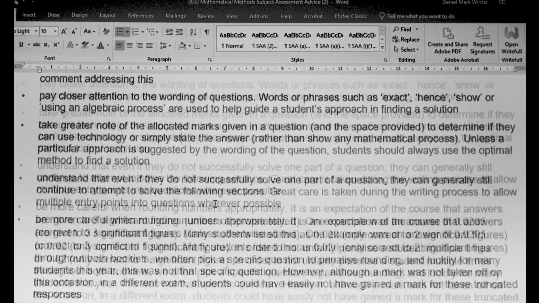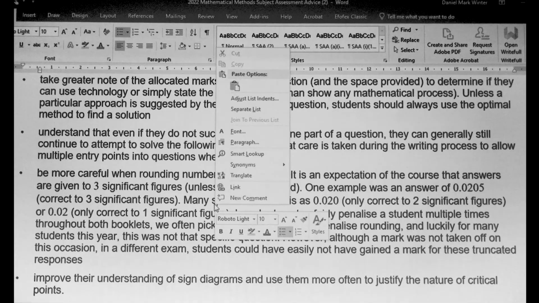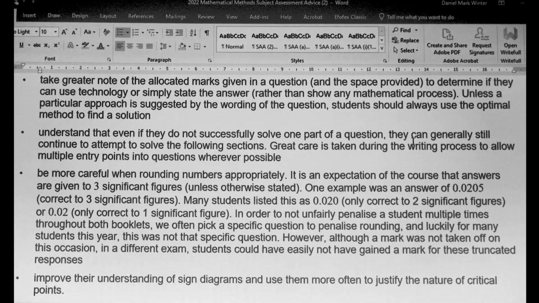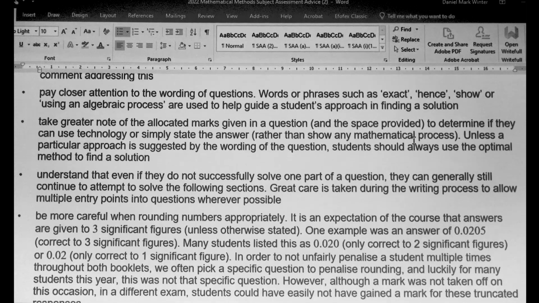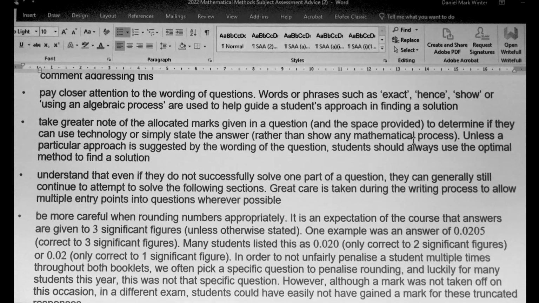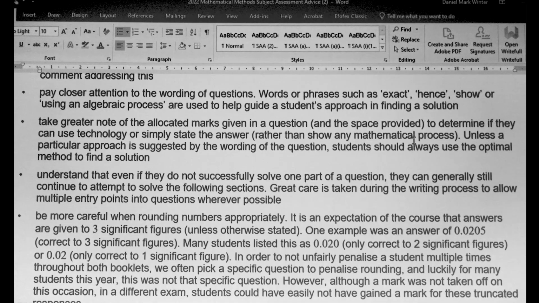I think I've covered the next point. We take a lot of trouble. Sometimes I've been involved in helping to write some questions and exams, and there's a lot of trouble taken to make sure that if kids can't do the first part, they've got a way to get back into the question further on.